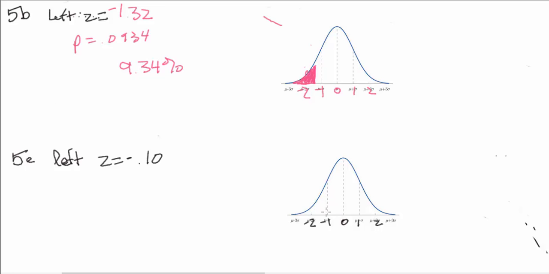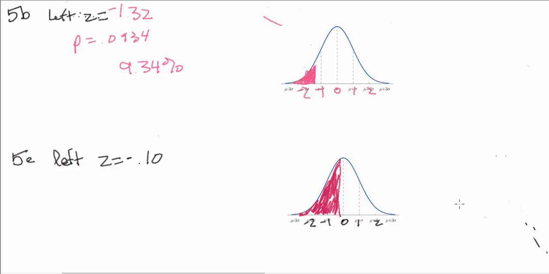We're not a full 1.0 yet, so we're going to be really close, maybe in here somewhere. Negative 0.10 is very close to that 0 number. We want the area to the left, so we shade that in. Because our z-score is so close to 0, we know that we should be pretty close to 50% in our answer here.